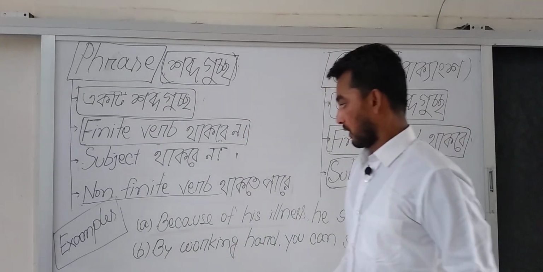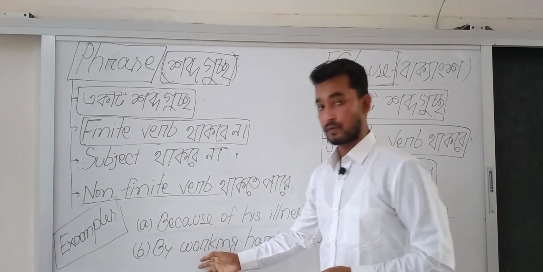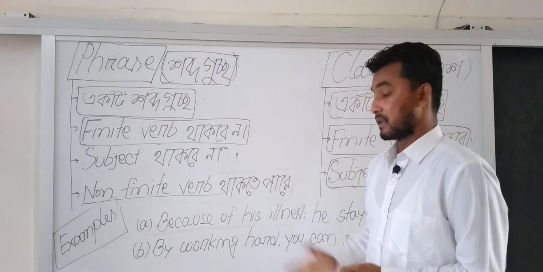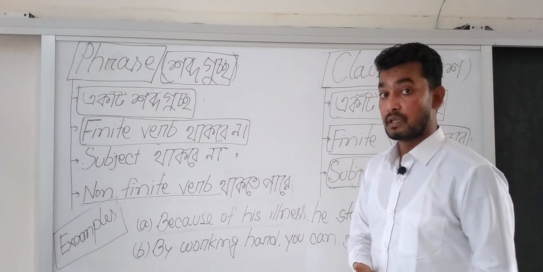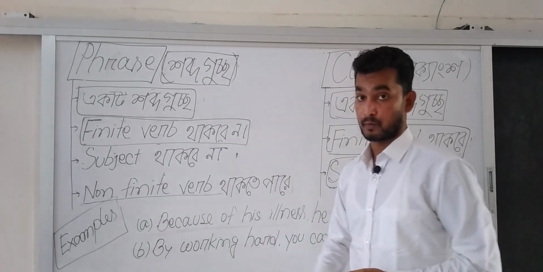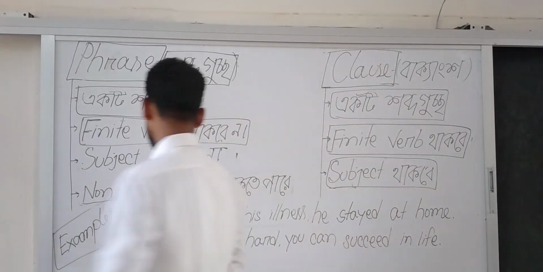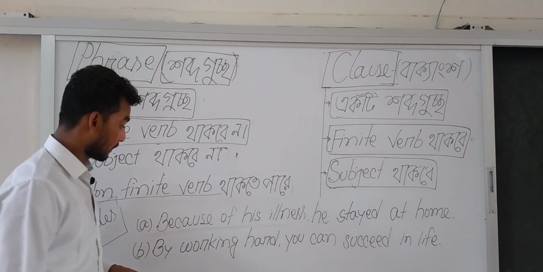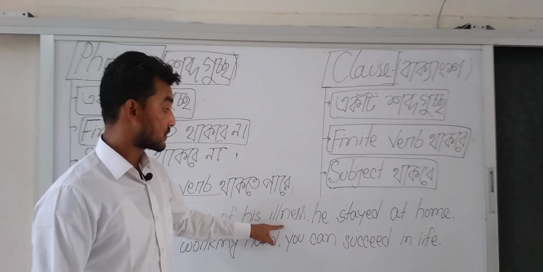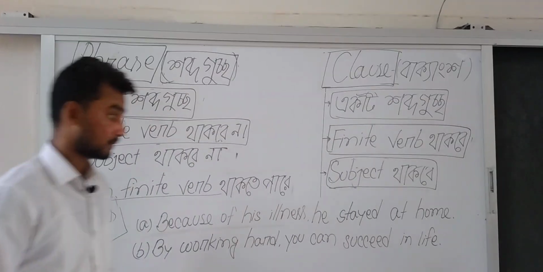Now, we will explain two examples to clarify the lesson, and it will be easier to you if you understand these two examples. So, let's explain. The first example: because of his illness, he stayed at home.